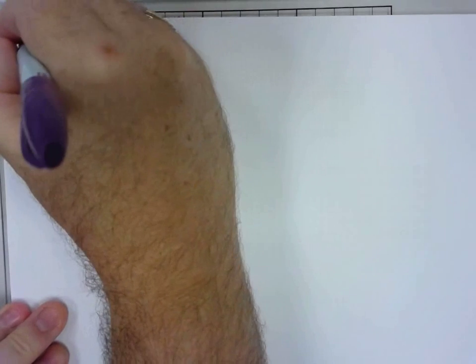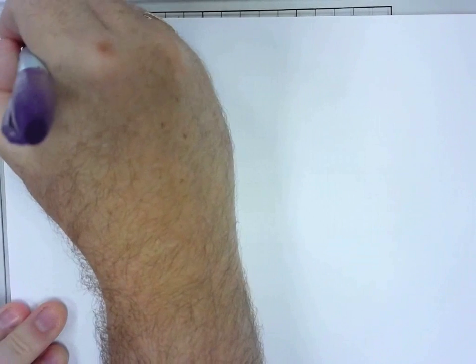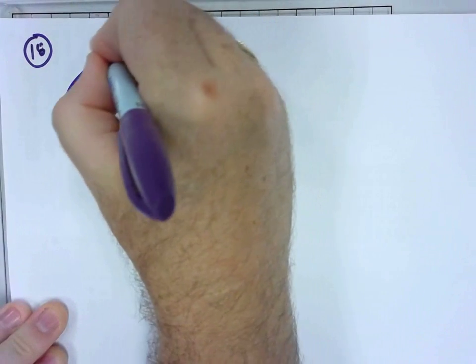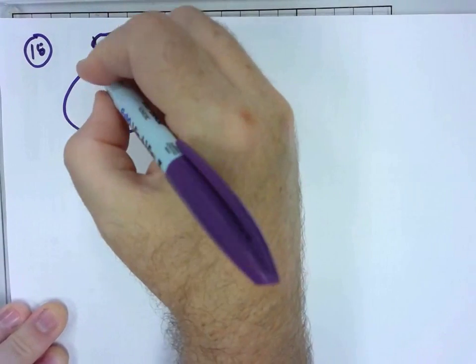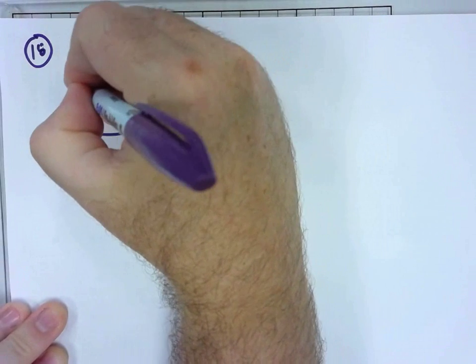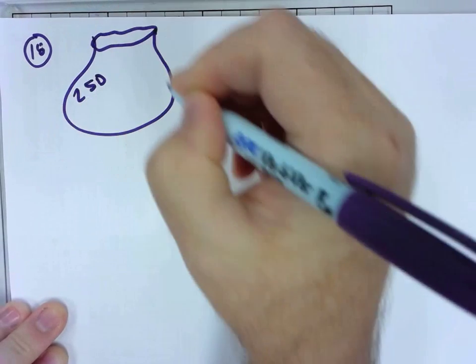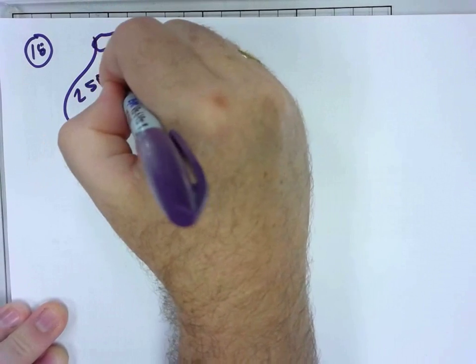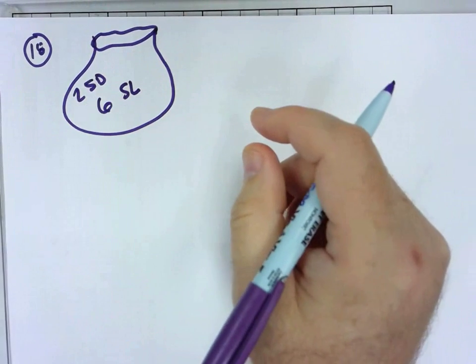Alright, it says a bag contains 2 silver dollars and 6 slugs. So this is number 18, and you have a bag. And you have 2 silver dollars, we'll call them SD, and 6 slugs, we'll call it SL.